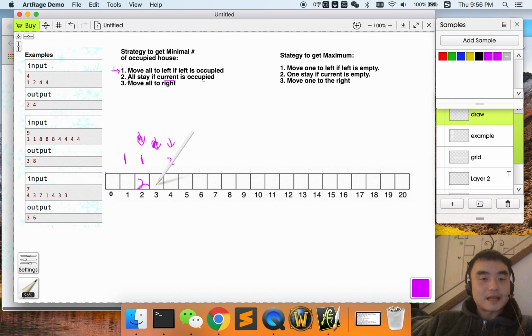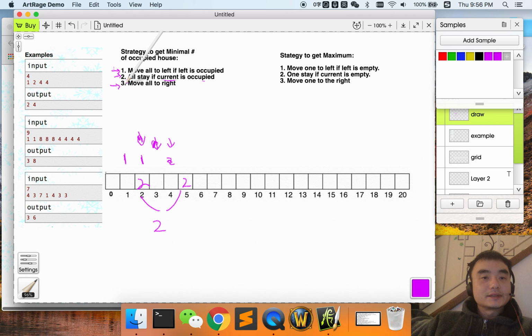No, its left is not occupied. So we move on and try the second. No, its current house is not occupied. So we try the third. Yes, we move all of these guys to its right. In this way, we get the minimum number of occupied houses, which is 2.